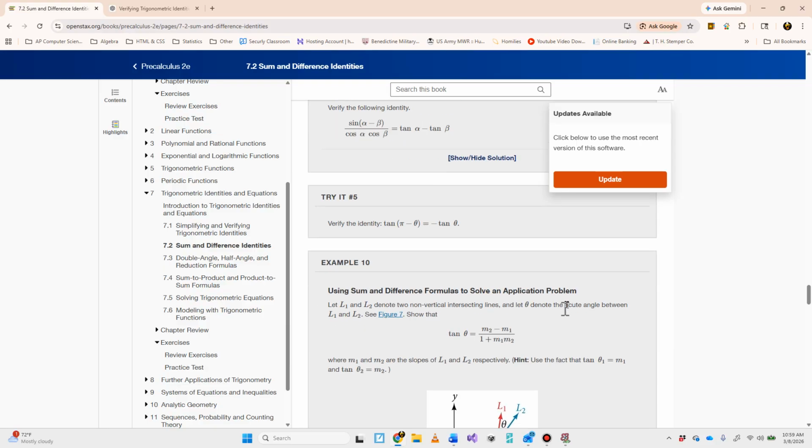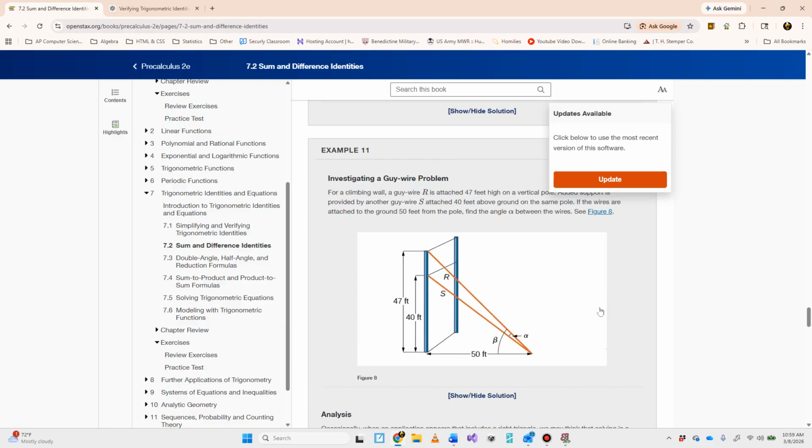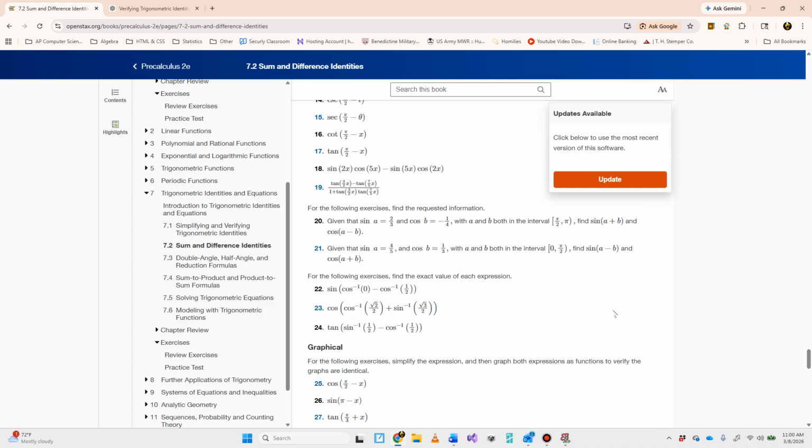Beyond that, the other thing that I might ask you on a quiz is something like this: inverse functions. An inverse function, if I give a value like inverse of cosine of 0.